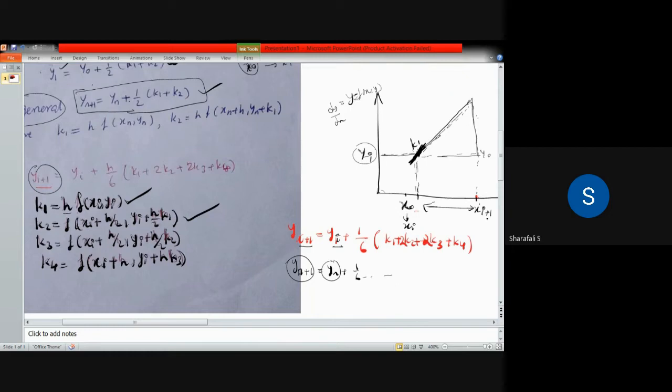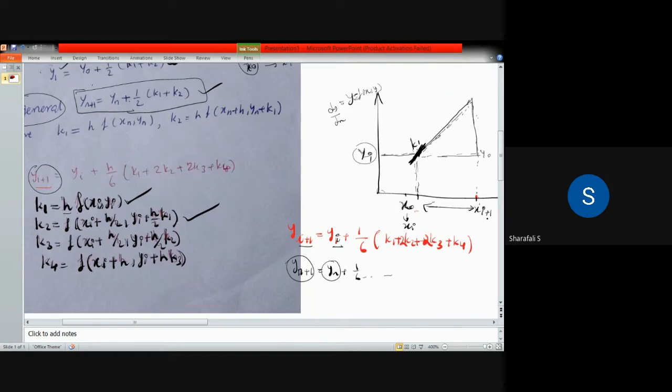Now what will be K2? For K2 also we have to consider the slope, and that slope is f of xi plus h by 2, comma yi plus h by 2 times k1.